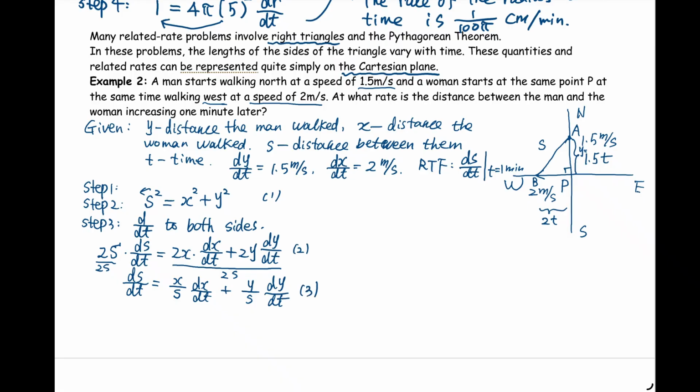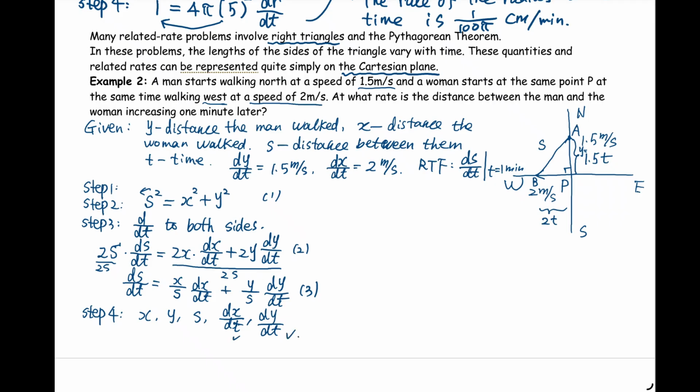Then after that, we want to sub in the given information. In order to solve for ds/dt, we need to have x, y, s, dx/dt, and dy/dt. So from the given information, we have dx/dt and dy/dt, but we don't have x, y, s.